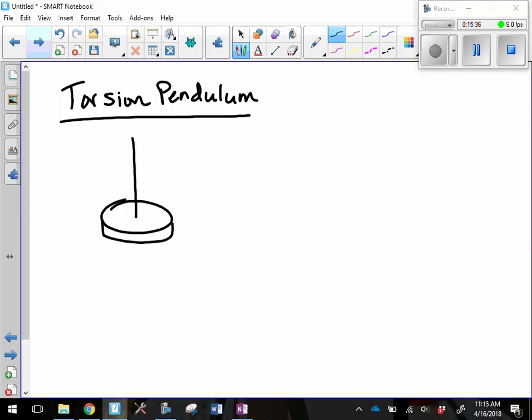So there's got to be some kind of spring mechanism involved. And basically, some mark on the pendulum oscillates back and forth between two angles, negative theta m and theta m. So the thing just twitches back and forth, rotates back and forth. And instead of having a spring constant, there's what's called a torsion constant.